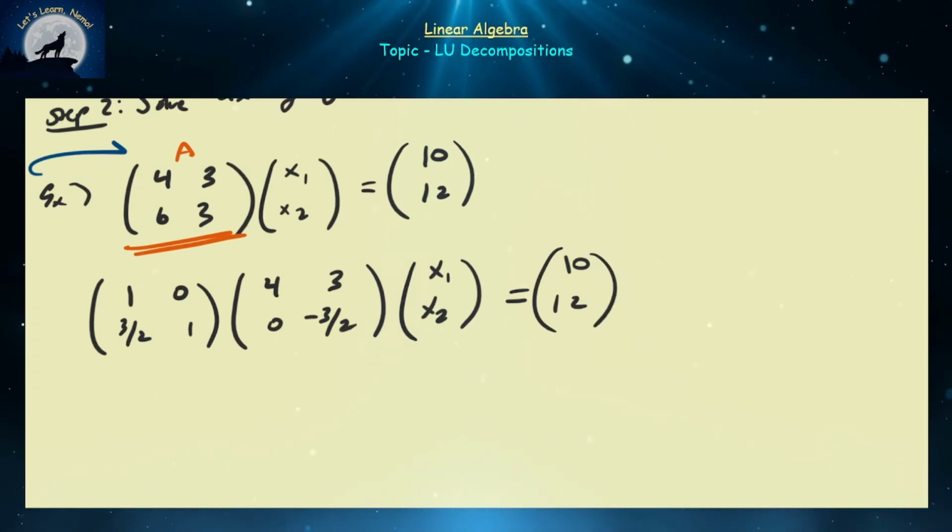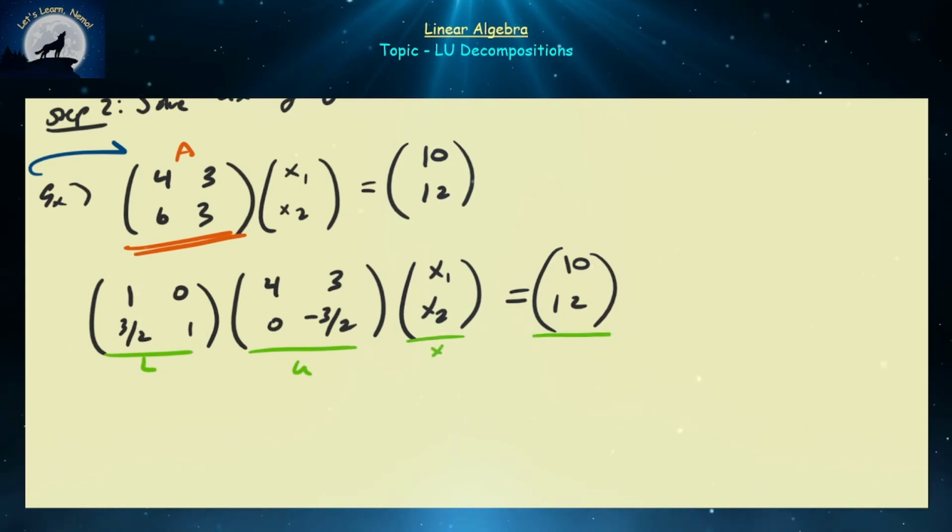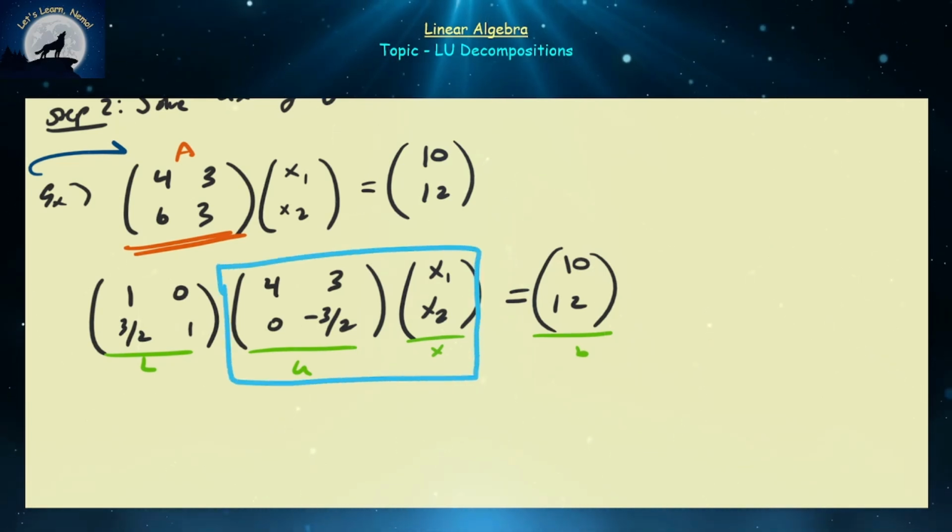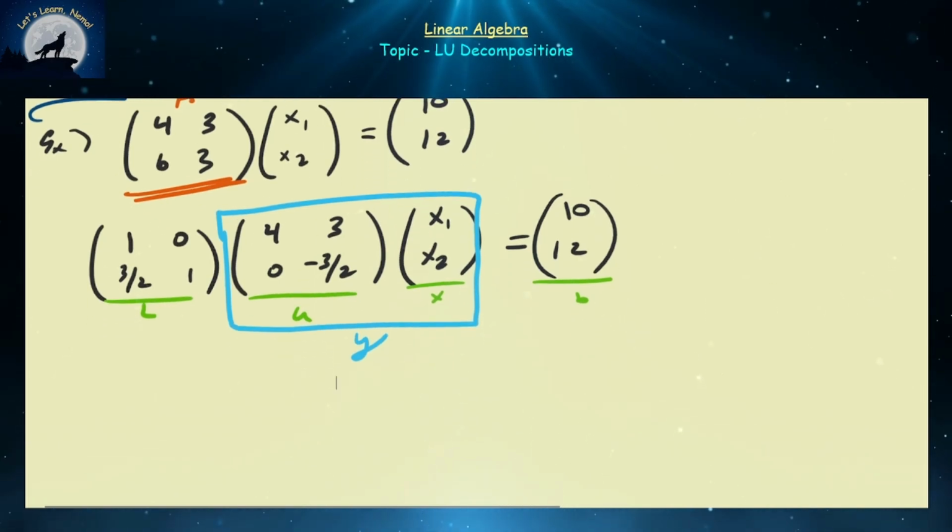So what do we have here? This is our L, this is our U, this is our X, and this is our B. So the first thing that we need to do is figure out what is Y. So what is Y? Y is going to be U times X, right? So that is what Y is going to be when we solve Ly equals B. But keep in mind, what exactly do we need to solve first?